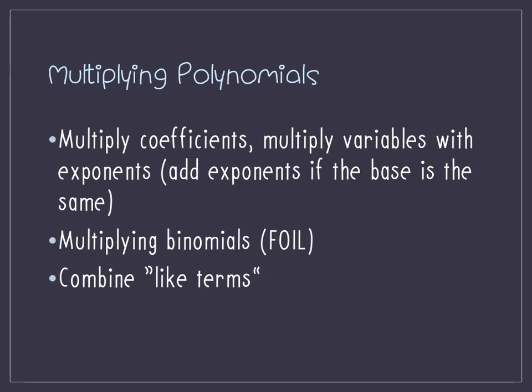When we multiply two binomials, we can either apply the distributive property or we could apply FOIL. After we FOIL or distribute, then we look for like terms to combine. And we'll do some examples. We'll first start out with just applying distributive property.